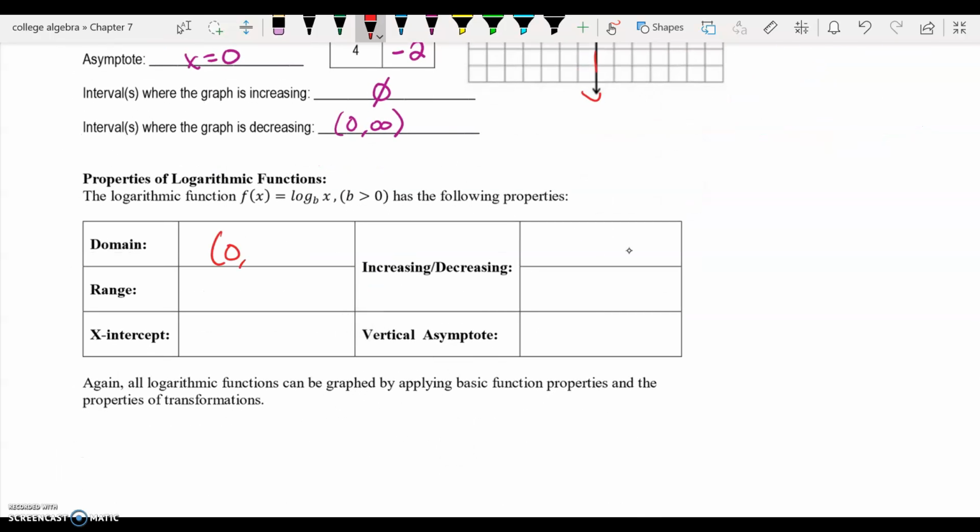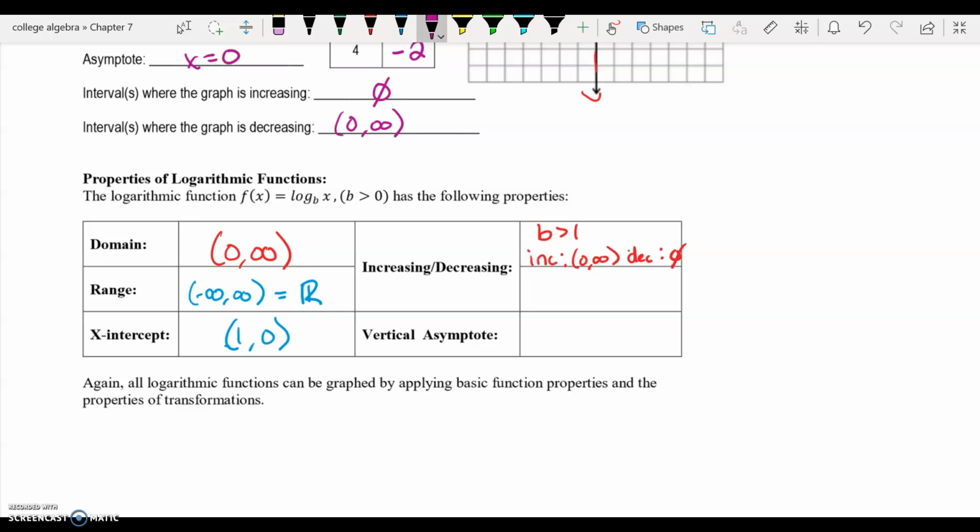Your domain, if you see a log function, is almost always going to be 0 to infinity, unless we transform it. That's what we're going to do next. Your range is going to be -infinity to infinity. That really doesn't change too often. Your x-intercept is 1, 0. If your base is greater than 1, it's going to increase from 0 to infinity, and there is no decreasing.